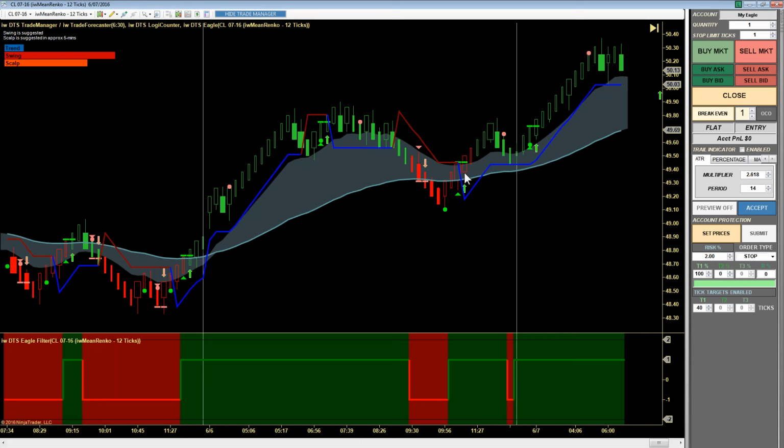And so they come back with a buy signal. So we've got red bars with a green buy signal. Very high probability signal. One of these signals you can almost take without exception.